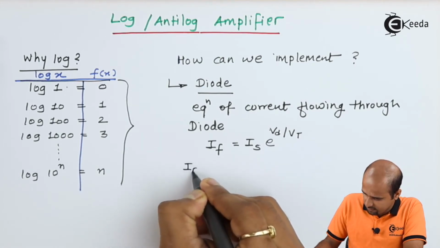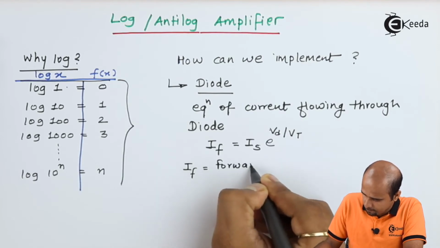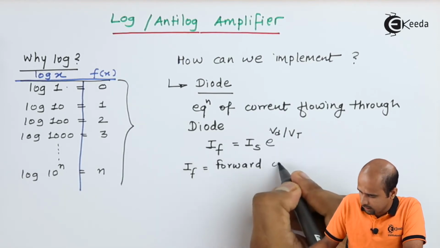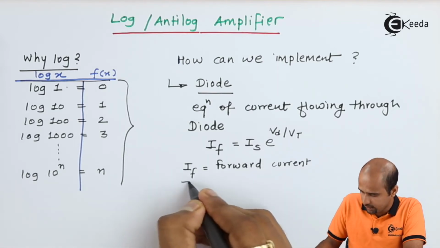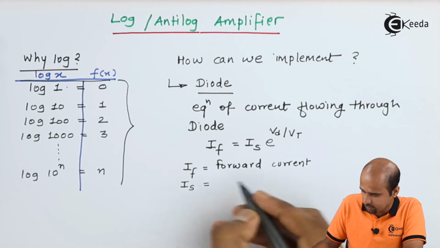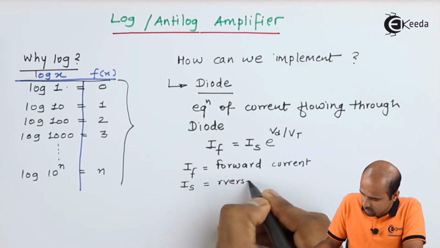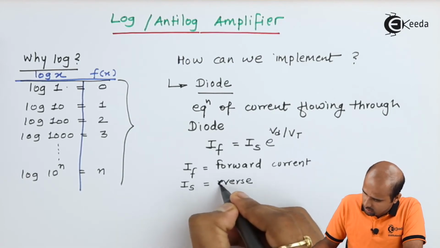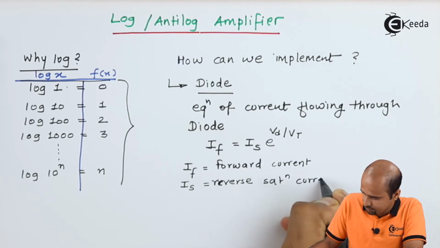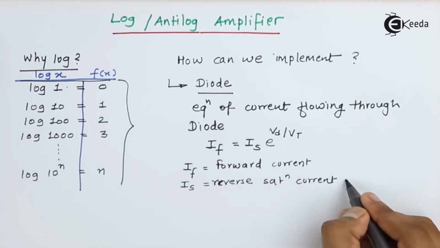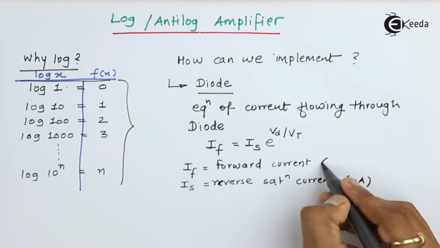What is IF? IF is nothing but the forward current. IS is nothing but the reverse saturation current, which is in the form of nanoampere or picoampere, which is very, very less.